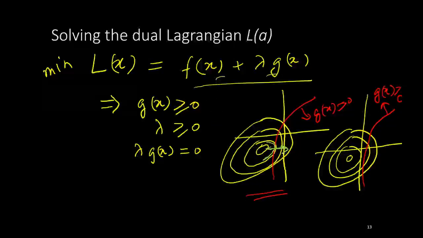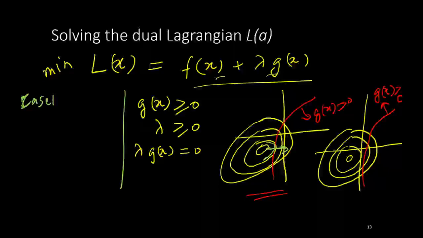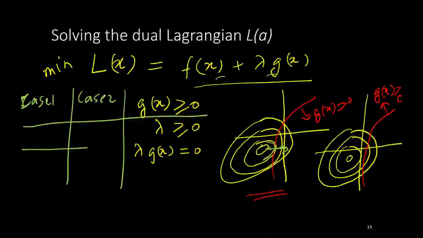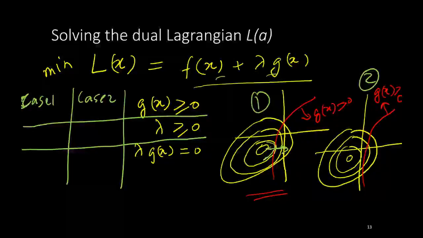So this is case 1, this is case 2. In case 1, your g(x) is going to be 0, and consequently your lambda is not going to be 0.